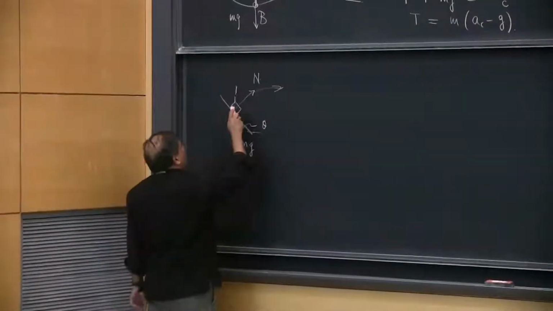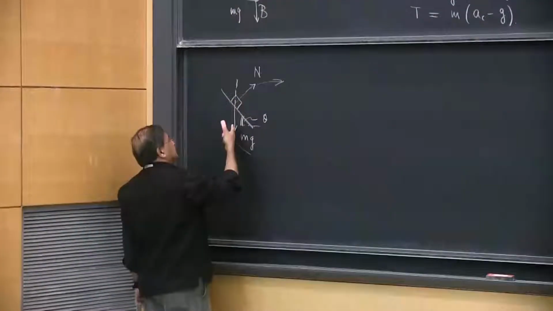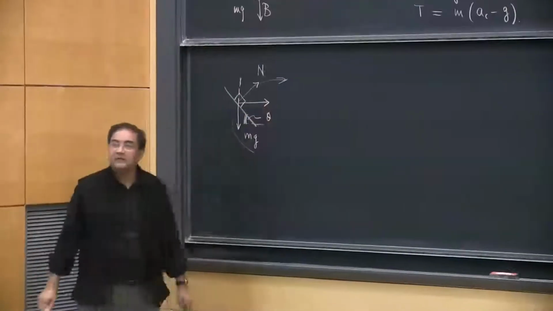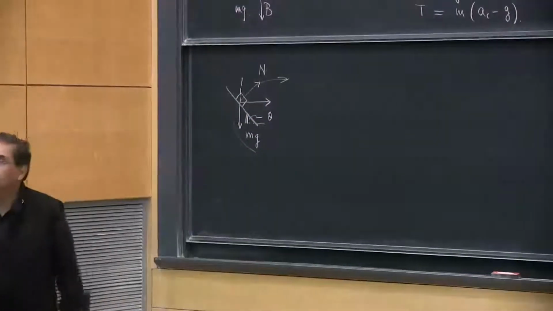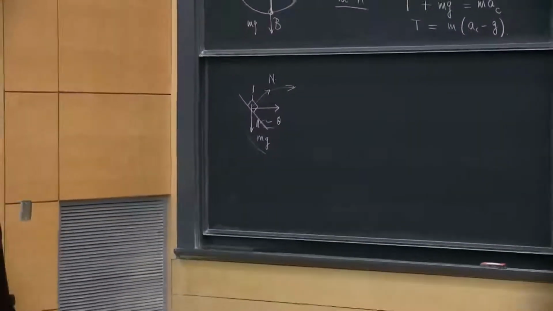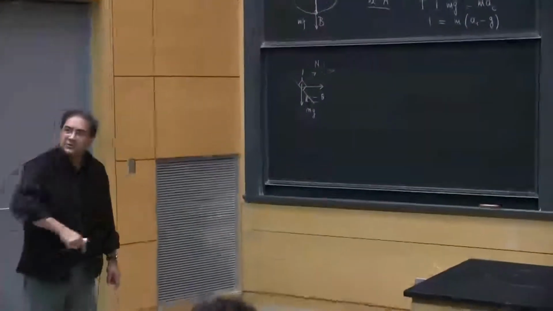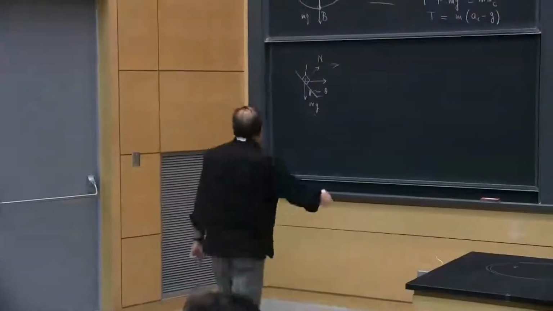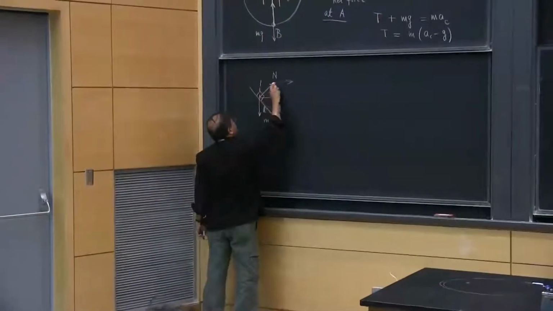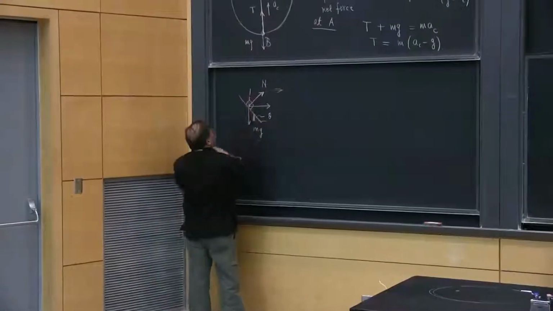So I will draw my axes in such a way that one axis precisely counteracts the mg, and the other axis would be inward, radial. Why? Because I'm ultimately going around a circle. So I need my centripetal force to be incorporated into the problem, which means being able to do this radial business is very important. So you see, if this is m, if this is theta, this is theta.